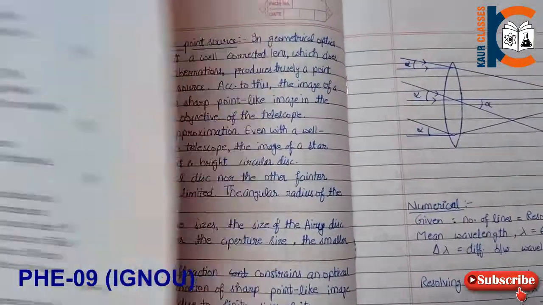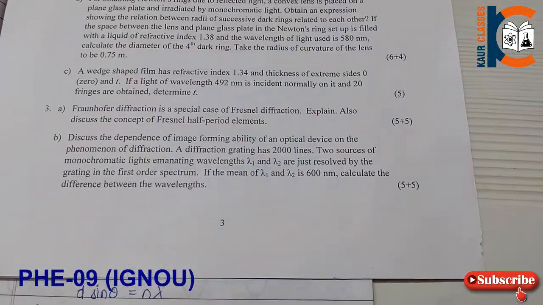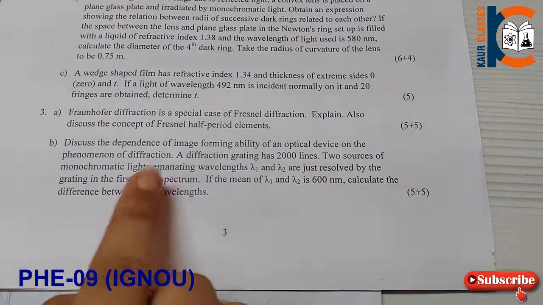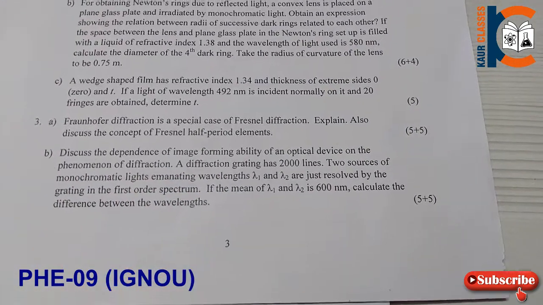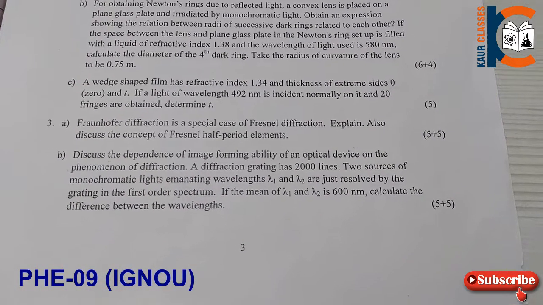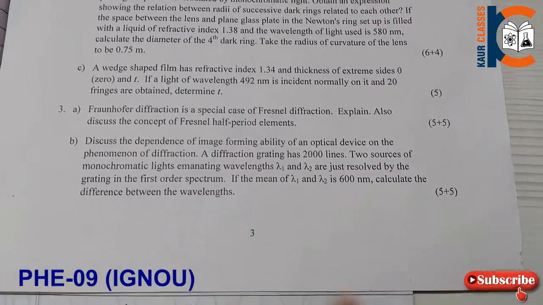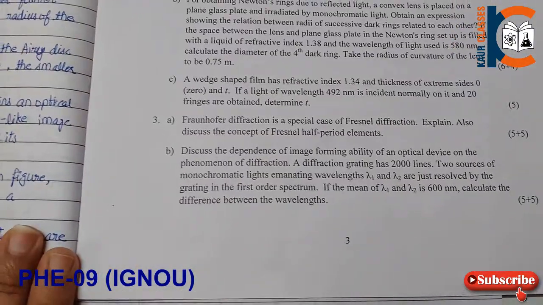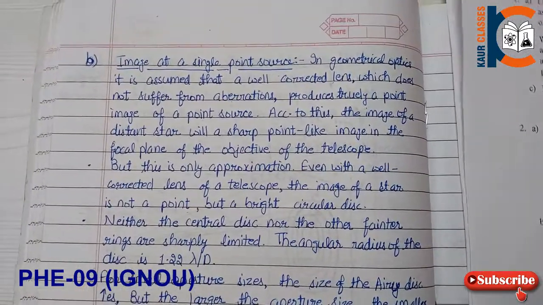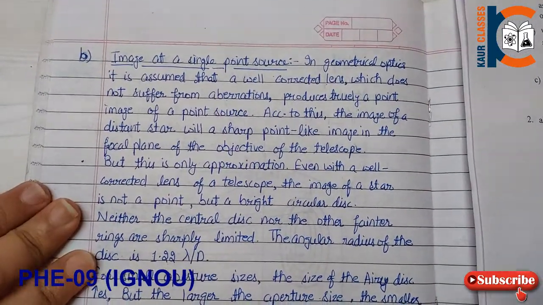The next question, question number B, is: discuss the dependence of the image forming ability of an optical device on the phenomena of diffraction, and along with it we calculate the numerical. The first point is the image of a single point source.